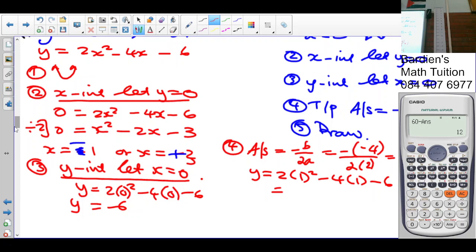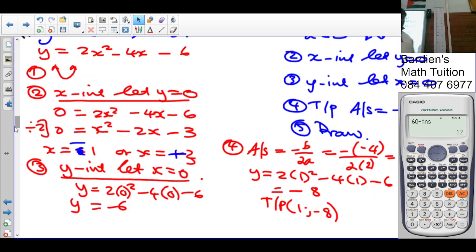Okay, so what does this give us? Negative 8. So the turning point of this graph is going to be 1 and negative 8. Okay. You all agree with that? I'm going to put here graph 1.